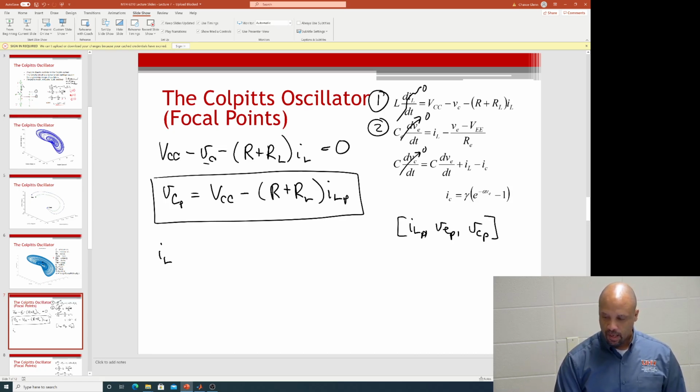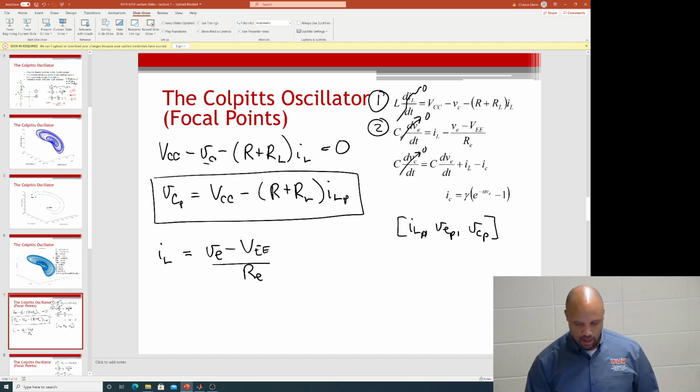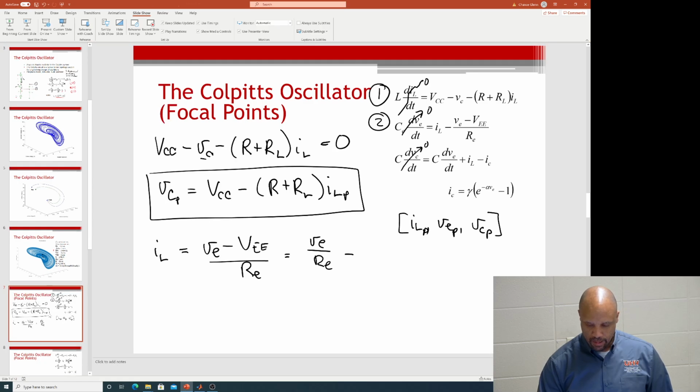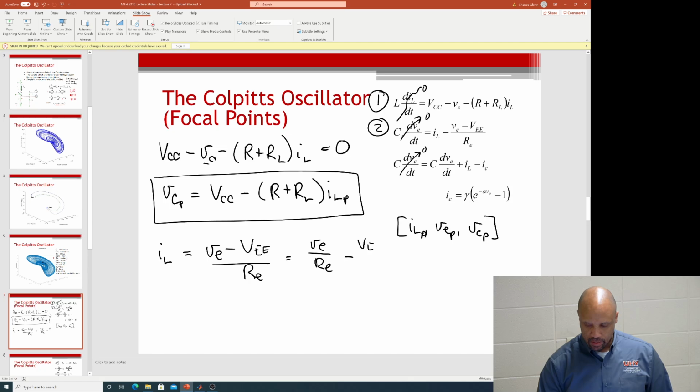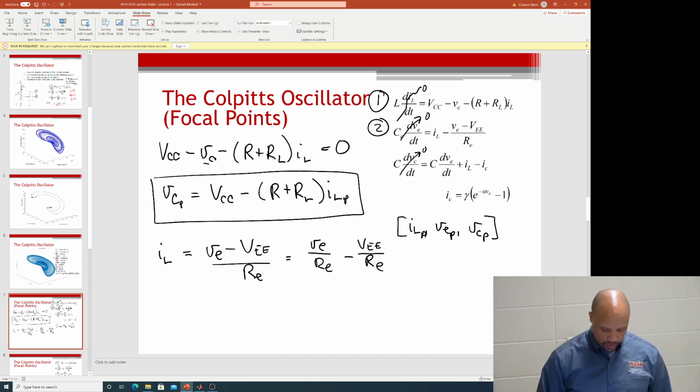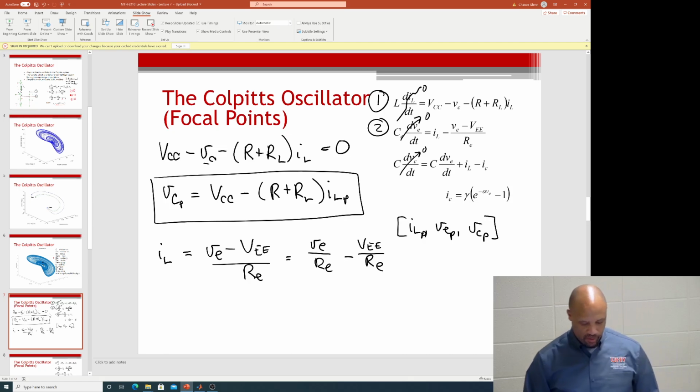So I sub L is just equal to VE minus VEE over R sub E. Or let's just make it say V sub E over RE minus VEE over RE. Okay, so we'll leave that as it is.